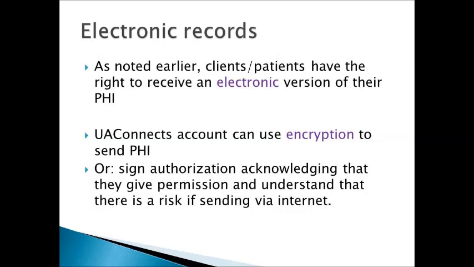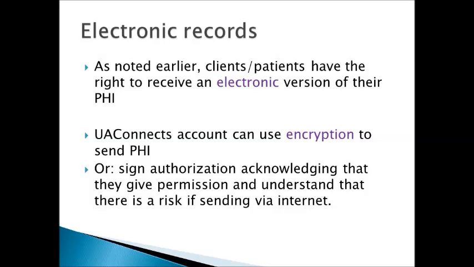Electronic records. As noted earlier, as part of the Simplification Act, which made it more specific, clients and patients have the right to receive an electronic version of their PHI. Although we do not routinely send PHI through email, if we have a specific request from a patient or client, we do have the ability to send encrypted PHI through the UA Connects accounts.